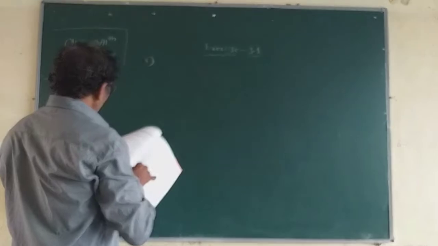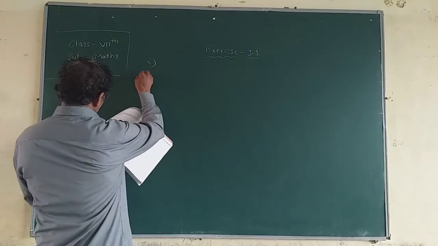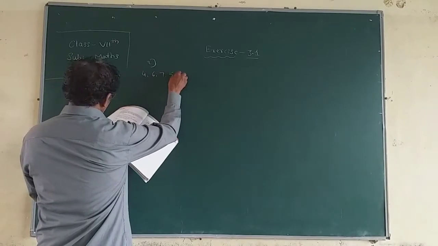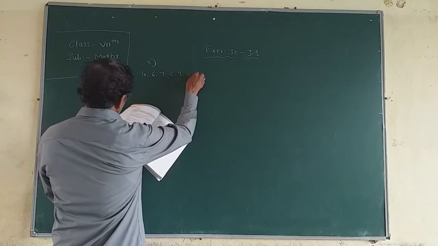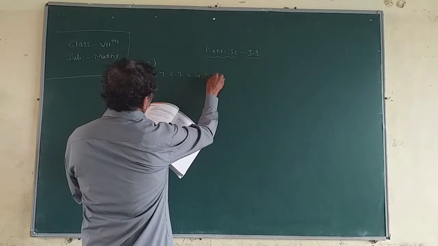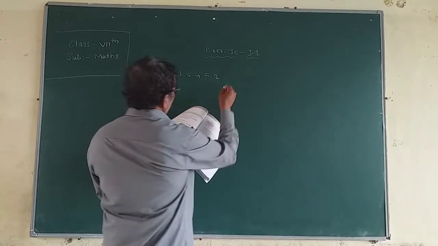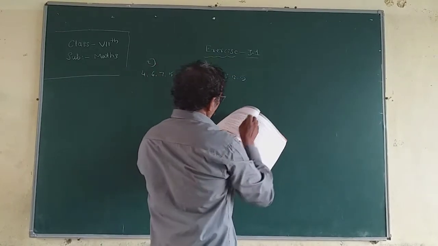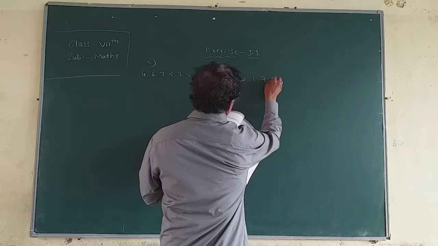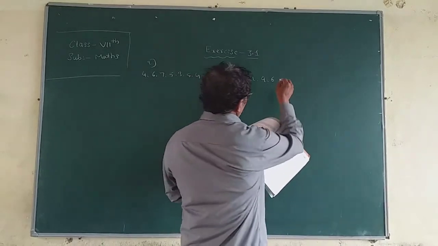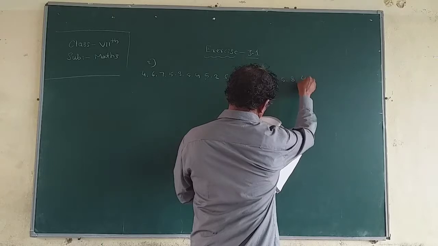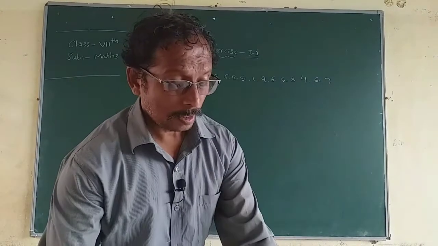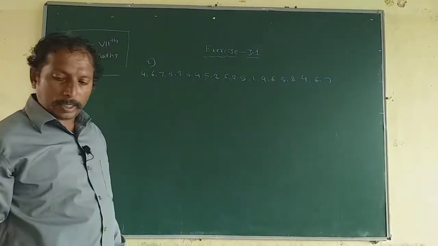The given marks are 4, 6, 7, 5, 3, 5, 4, 5, 2, 6, 2, 5, 1, 9, 6, 5, 8, 4, 6, 7. These are the given scores.